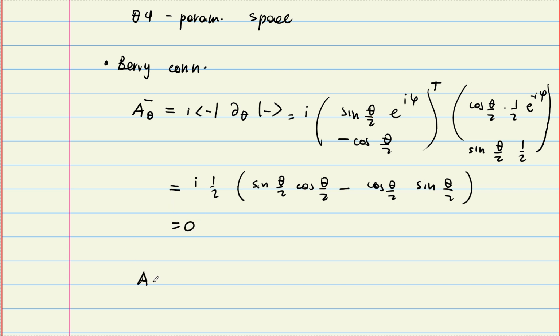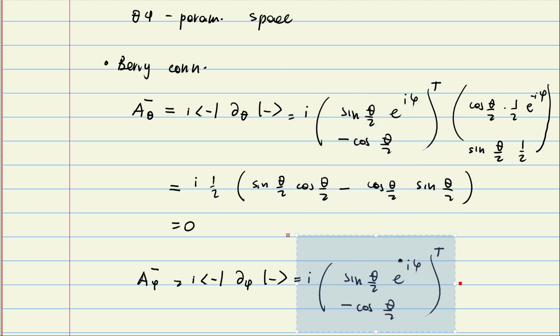And the phi minus is exactly the same thing, but the derivative like this, and this piece is going to be the same, but this piece is going to be cosine theta over 2 e to the minus i phi. Or maybe minus i, and this one is 0.